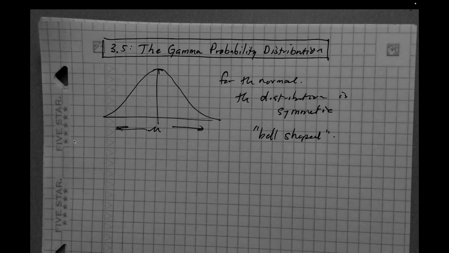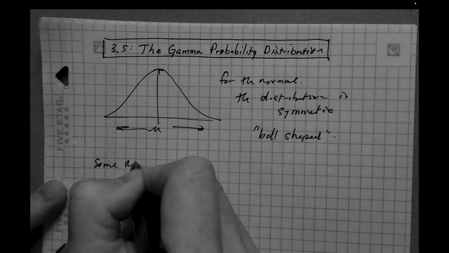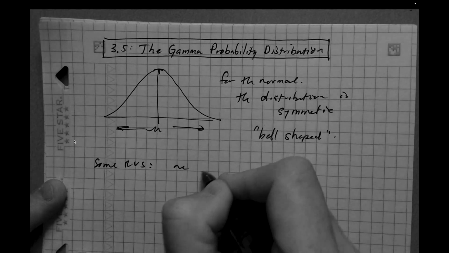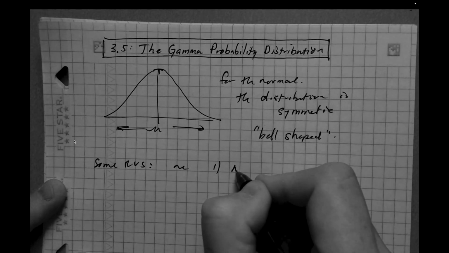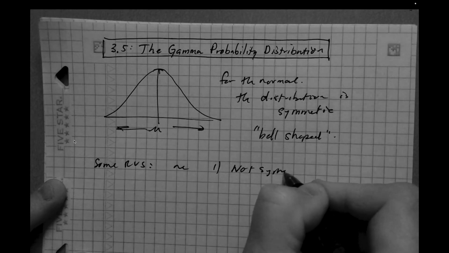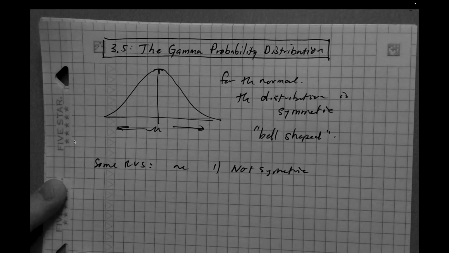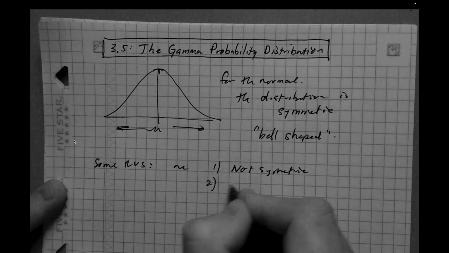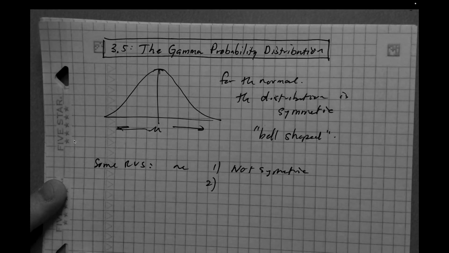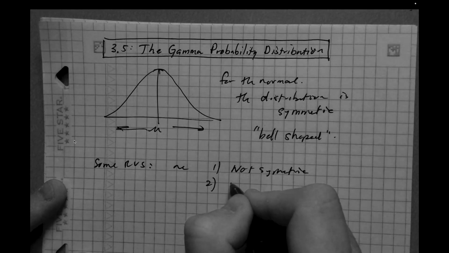So some random variables that you'll encounter are not going to be symmetric like this. So some RVs are, one, not symmetric, and two, they don't have valid values below 0, so they're non-negative only.